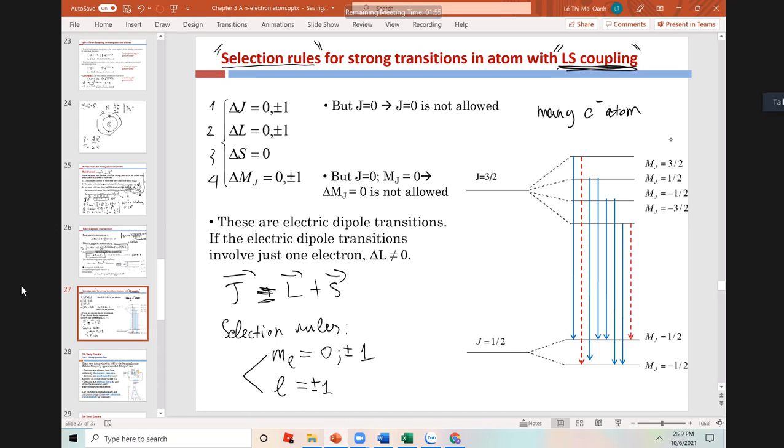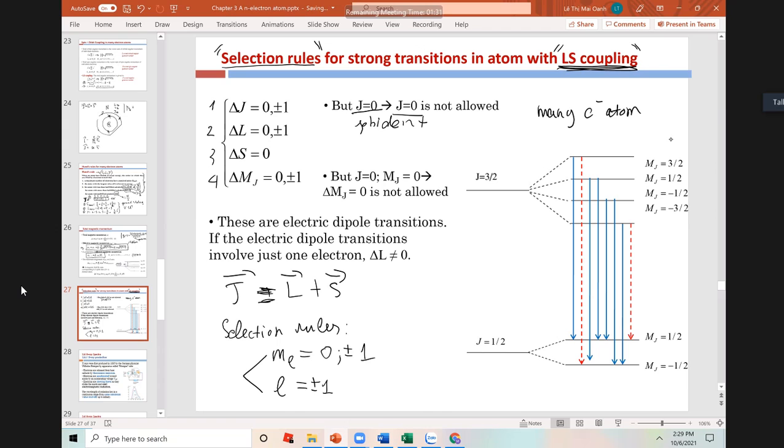You need to remember. However, there are some special cases. You have two special cases here. The transition between J equal to 0 and J equal to 0 is not allowed. This transition is forbidden.